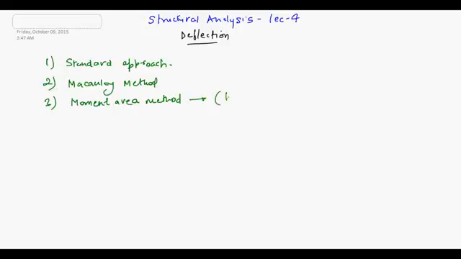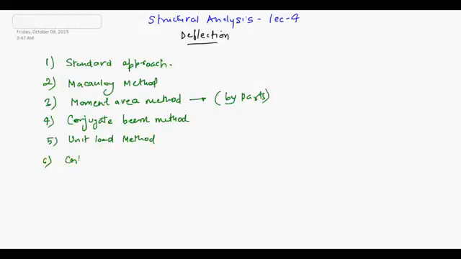There is an extension also, moment area by parts, which is included in this one. Then you have your conjugate beam method. After that you have your energy methods, precisely your unit load method, and the last one is Castigliano's method.